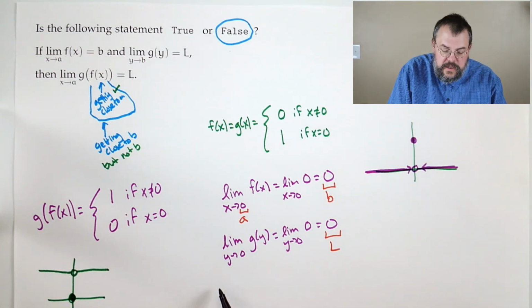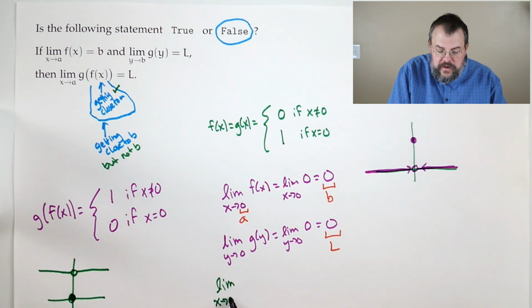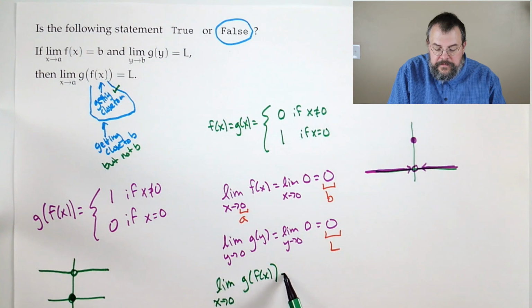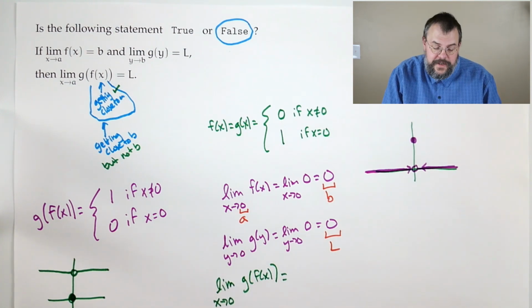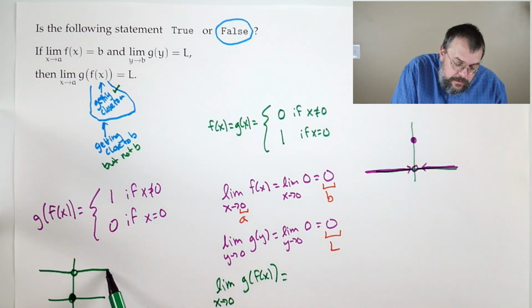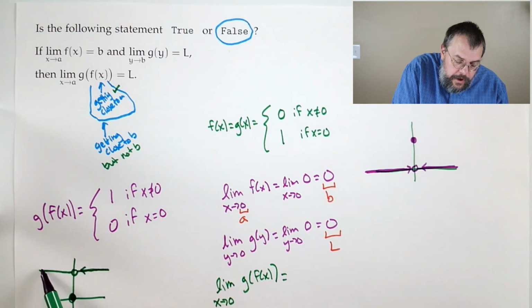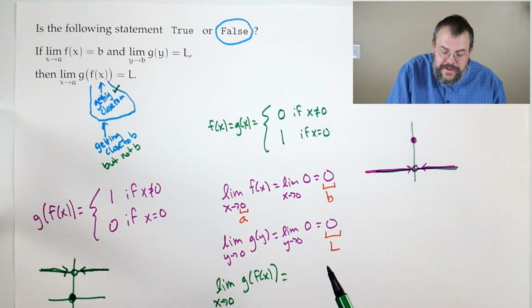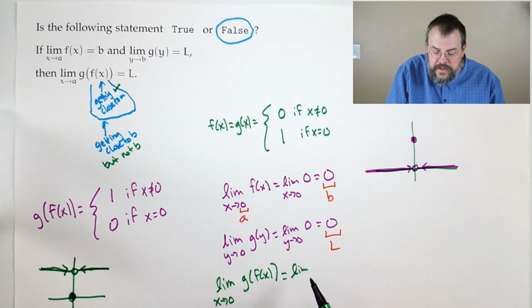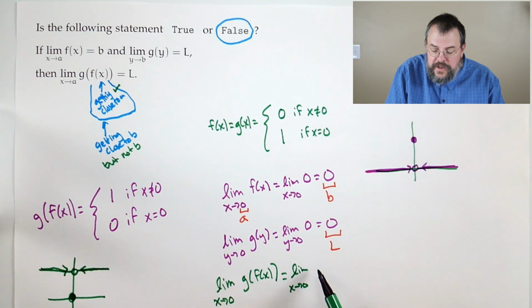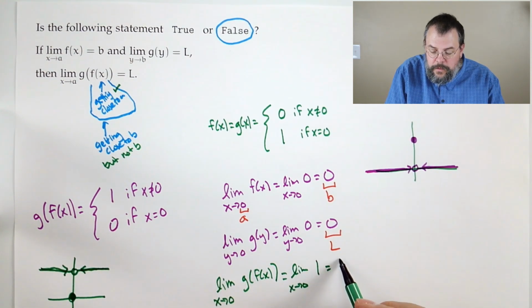What's the limit as x goes to 0 of g of f of x? The answer? Well, as we approach 0, we're always 1. So that's the limit as x goes to 0 of 1, which is 1.